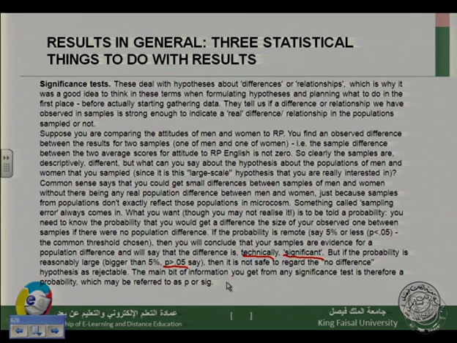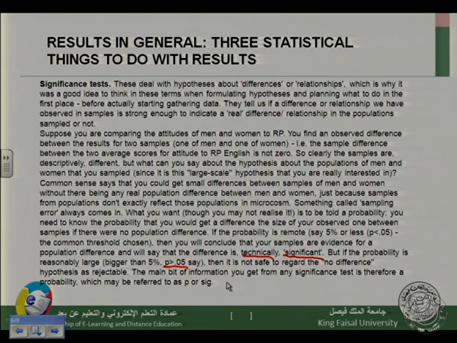Let's say that your hypothesis says men will have more positive attitudes than women, and you get a p-value of 0.05, well, then your hypothesis is confirmed. But if you get a p-value larger than 0.05, and you get, for example, from your data that the women have more positive attitudes than men, then your hypothesis is rejected.